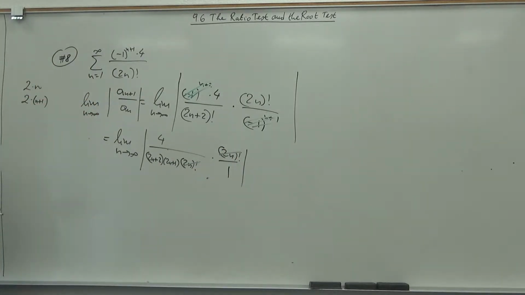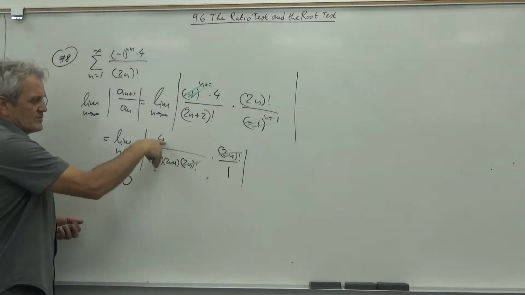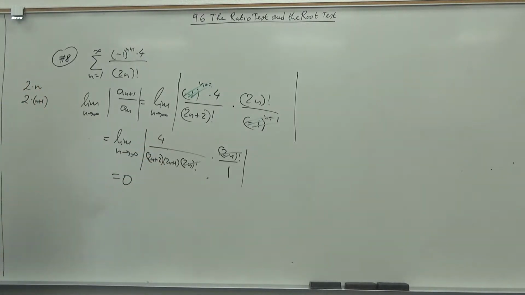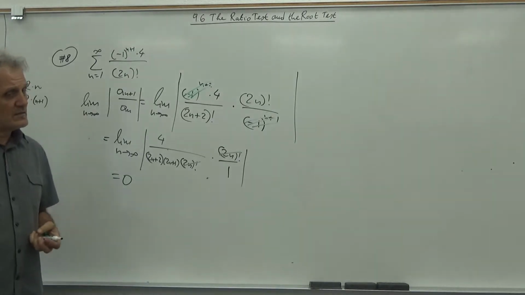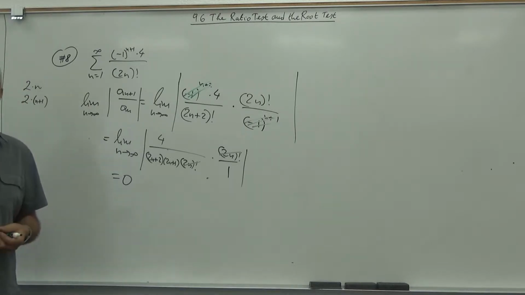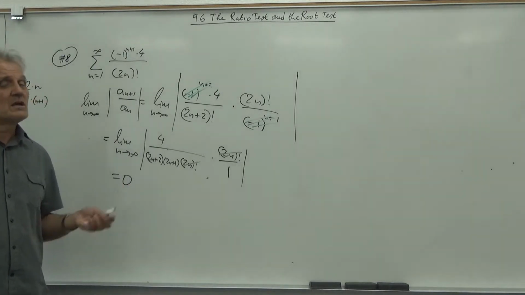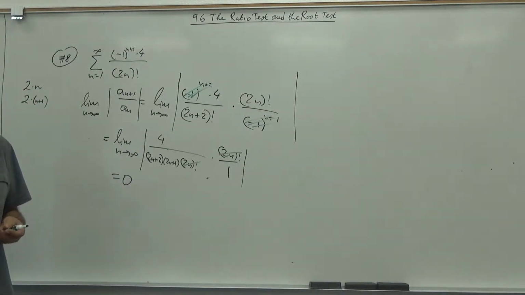Now it's very easy to see that this limit is 0, because the denominator is infinity, a huge number, and 4 over infinity is 0, so we got the limit. And be careful, it's different than in the limit comparison test. In the limit comparison test, if you just get a finite limit, you're okay. Here, it's important whether the limit is less than 1 or greater than 1.